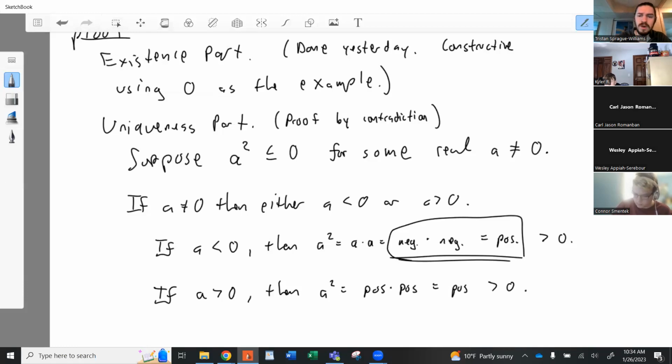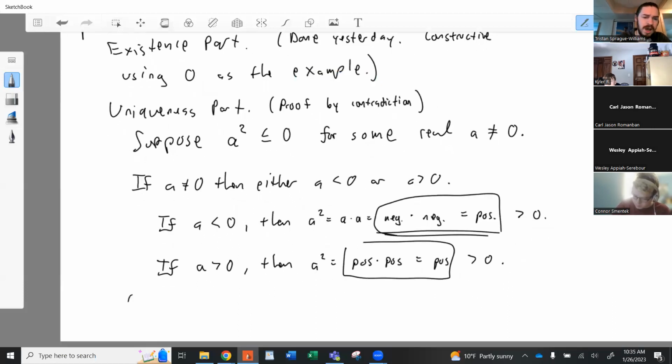So in either case, you have a positive number. So this contradicts the assumption a squared less than or equal to 0. So yeah, 0 is the only one.